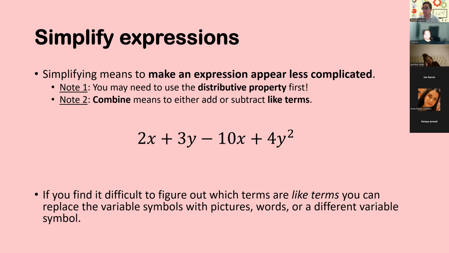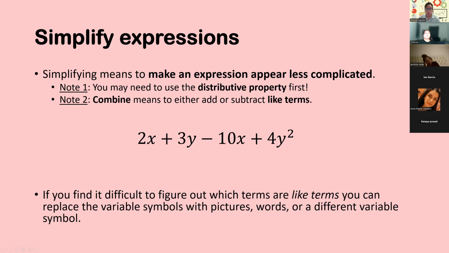Just like when I said apple, apple, apple, those are like terms. We can combine them to say 3 apples. If I have x, x, x, and y, y, y, then I can combine my x's because those are the same variable, and I can combine my y's because those are the same variable.